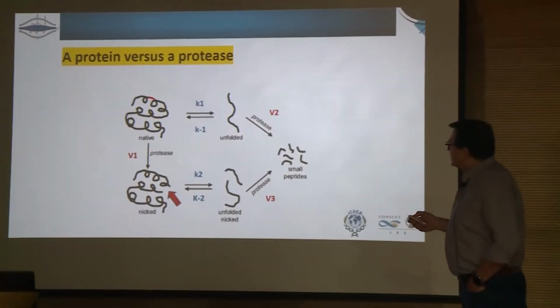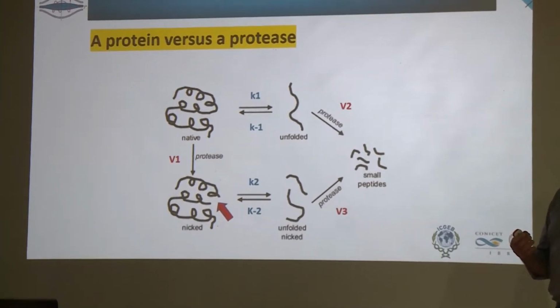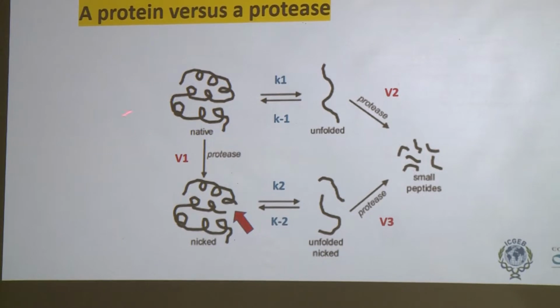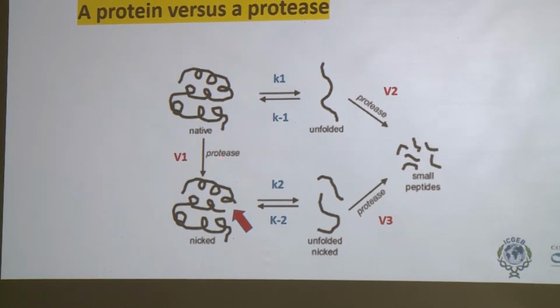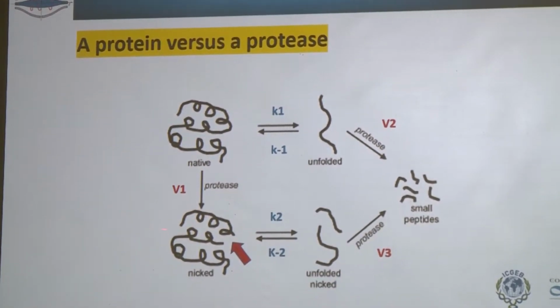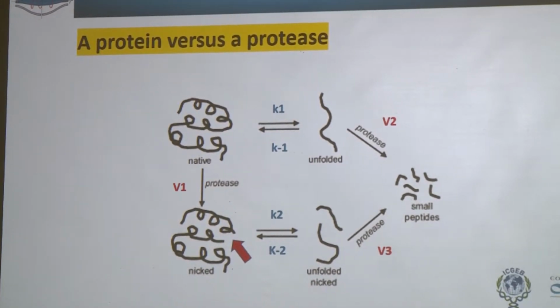When you have a protein, it's possible to identify a resistant core to proteolysis. So if you have the properly folded protein and you add a protease, normally the protease only cuts in some exposed places at a higher speed.